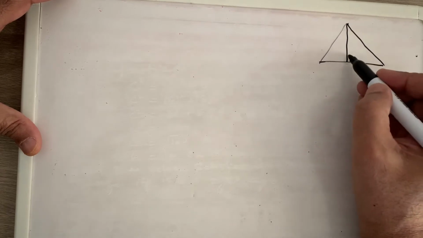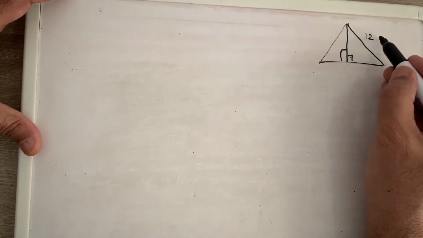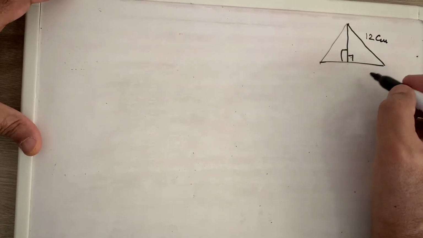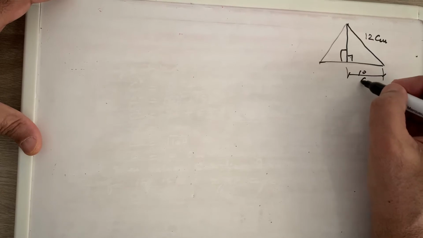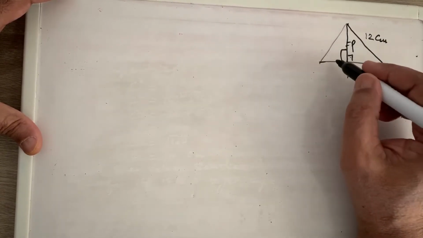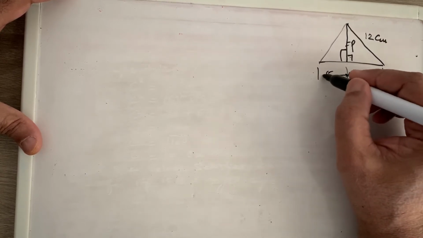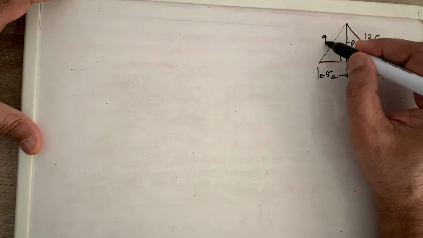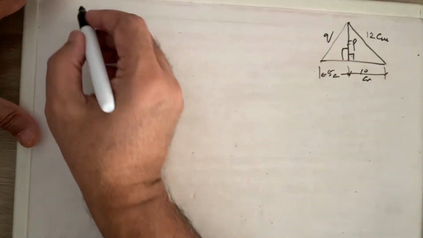It consists of two right angle triangles, right? The dimensions given are 12 centimeter, 10 centimeter, and this is P, so that means this is unknown. And this dimension is 5 centimeter, and this is Q. And what does the question say? The question says find the length of the missing side.